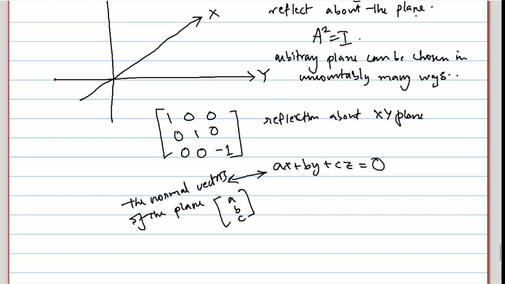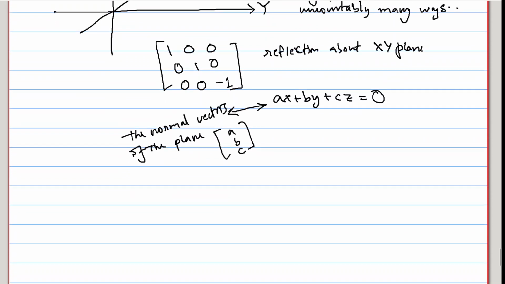That can be chosen in uncountably many ways. That means the plane can be chosen in uncountably many ways, so the reflection can be done in uncountably many ways. Suppose I am choosing this vector and I want to reflect about this plane. How will the matrix look?